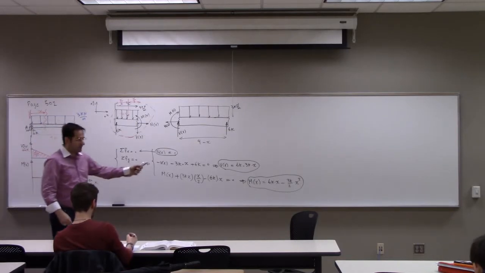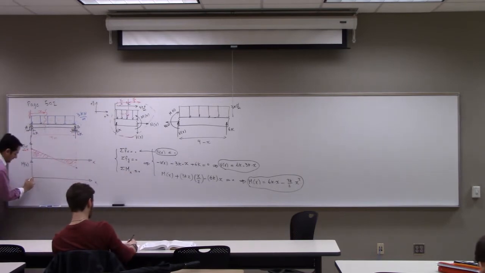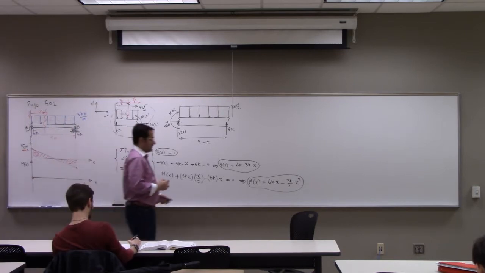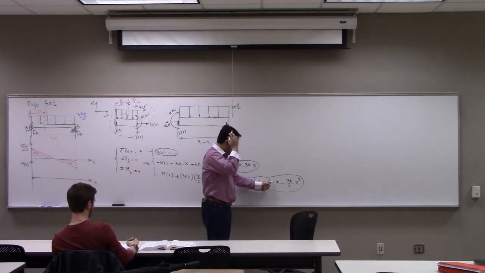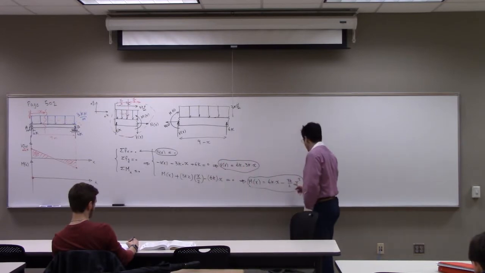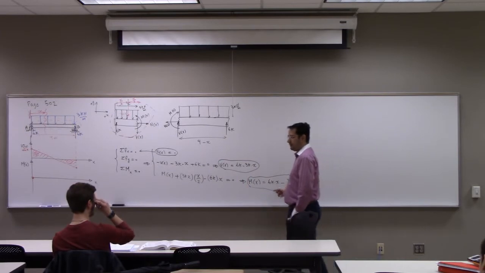What's the value of moment at x equals 0? 0. So I have a point here. What's the value of moment at x is equal to 4? Put 4 there. What do you get? 0. Yeah, that's 24. And then this 16 divided by 2, 8. 24, 24 negative 24, 0.